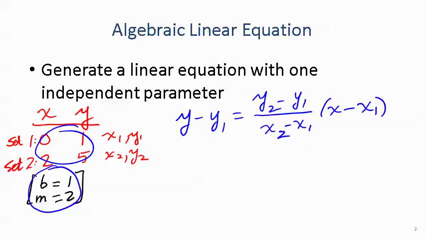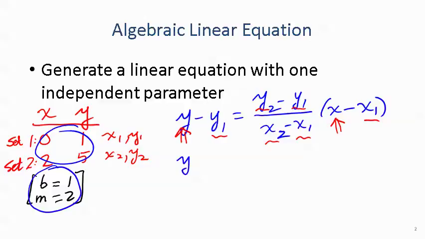In this equation, we observe that we have the known quantities y1, y2, x2, and x1. But we still have the independent parameter x and the dependent parameter y. The equation for the line can now be numerically evaluated if we substitute the numbers in this expression.